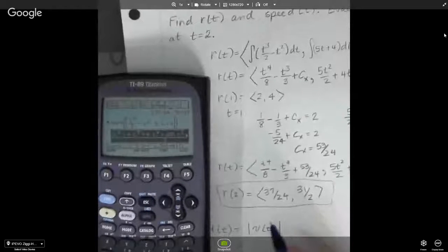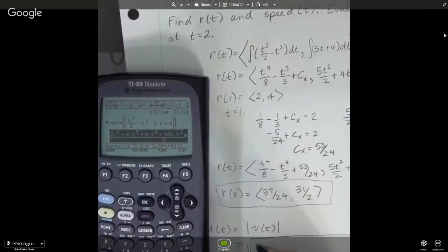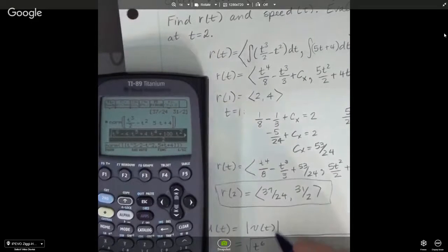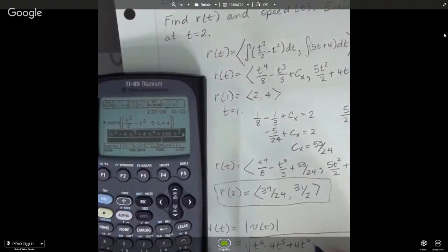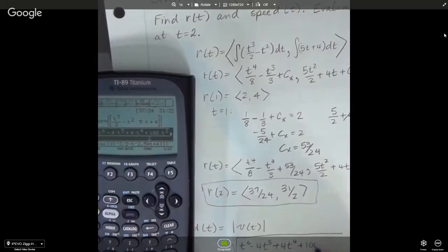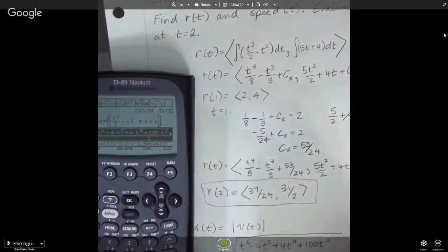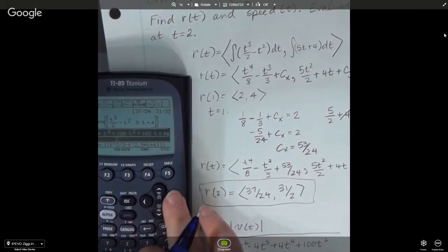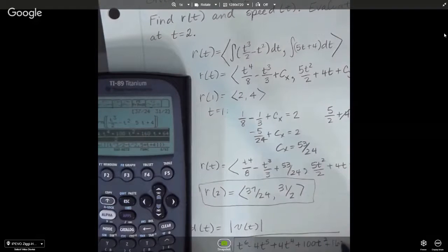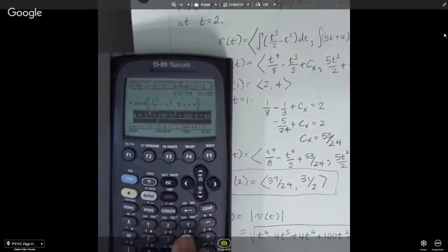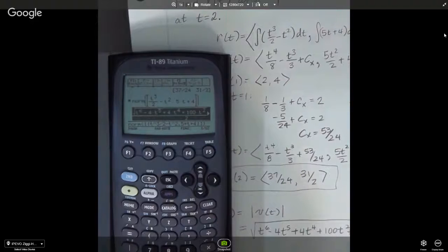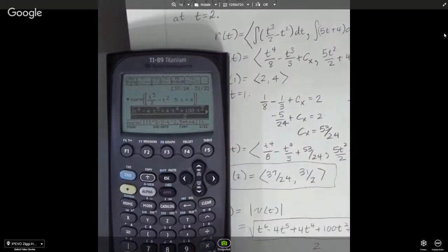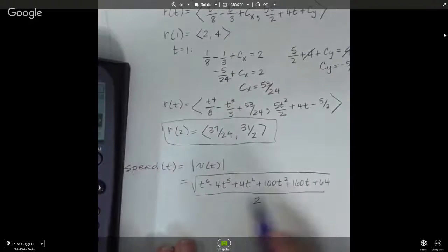So this will be the square root of t to the 6th minus 4t to the 5th plus 4t to the 4th plus 100t squared, I scroll over, plus 160t plus 64, all over, it looks like just the lonely number 2. So divided by 2. So that's the speed as a function of time.